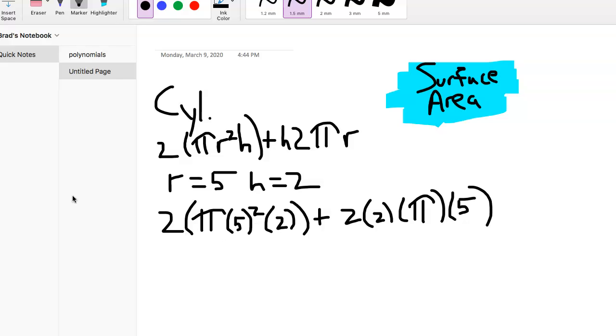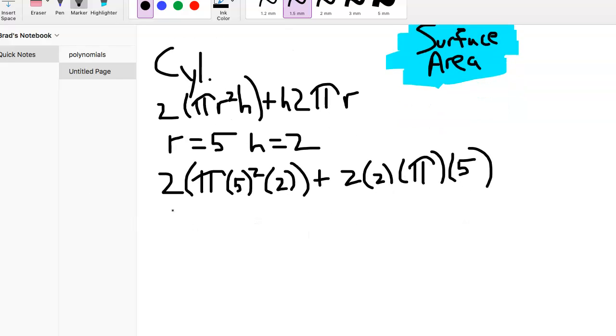All right, so if we keep carrying this out here, we got our 2. 5 squared is 25, right? So we'll call that 25 pi times 2. Okay, now it looks a little better at least.